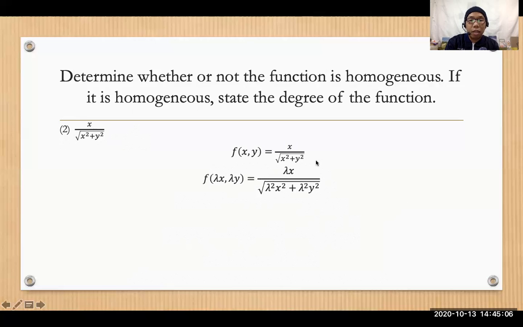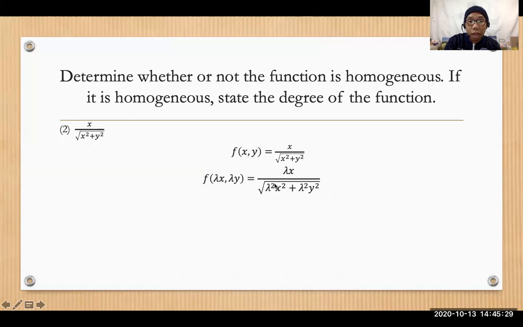Applying it here, you have lambda x in your numerator, and in your denominator you have the square root of lambda x raised to the power 2, or lambda squared x squared, and for y squared, this becomes lambda squared y squared.